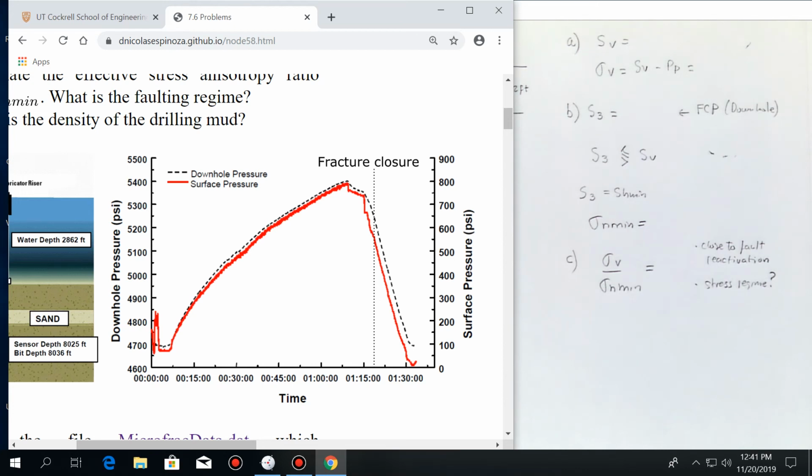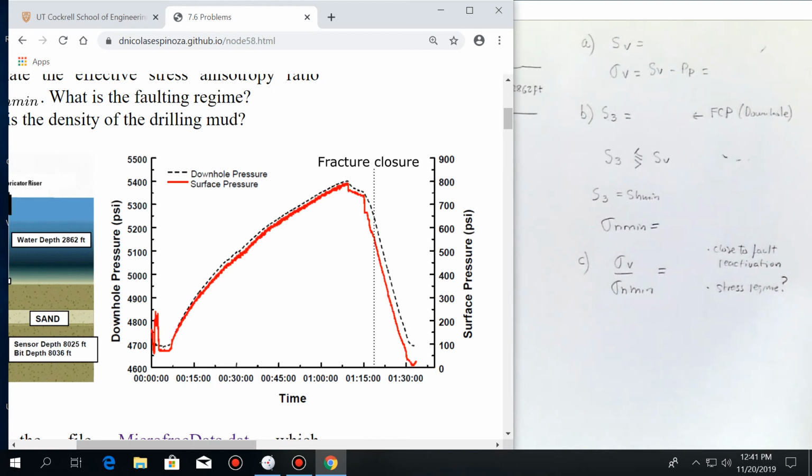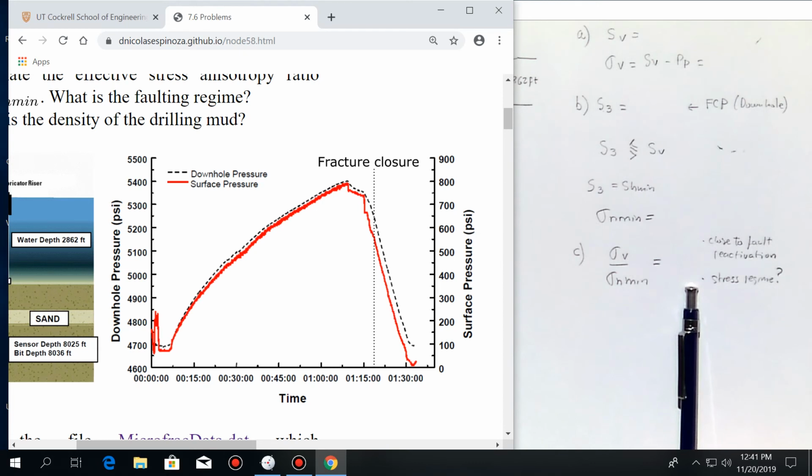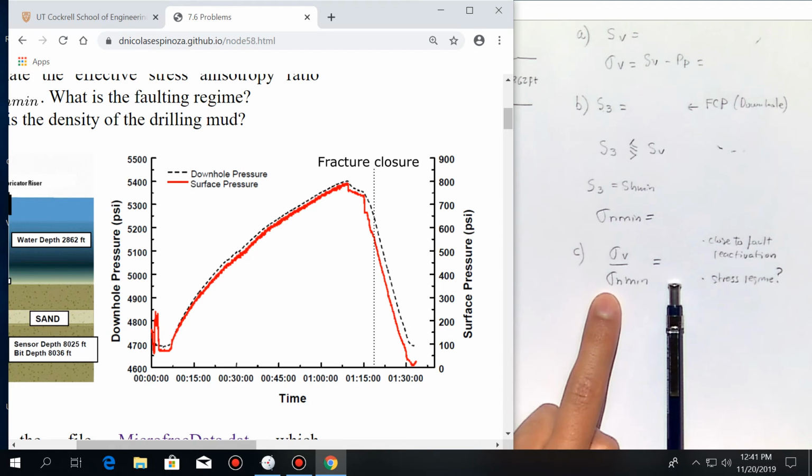Just as a quick reminder, what is the typical value of effective stress ratio when the faults are close to reactivation? It's about 3, right? So if this value gets close to 3, that means that's the maximum ratio of stress anisotropy. And in this case, if this is about 3, that would mean that very likely this is normal faulting.